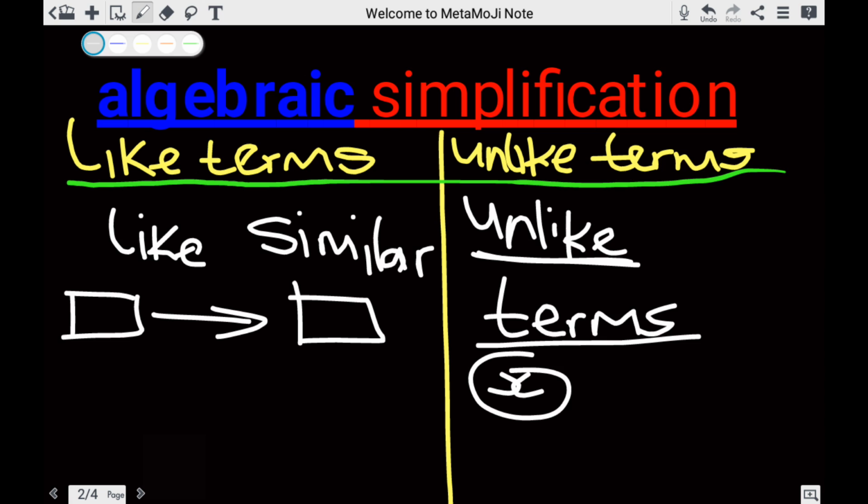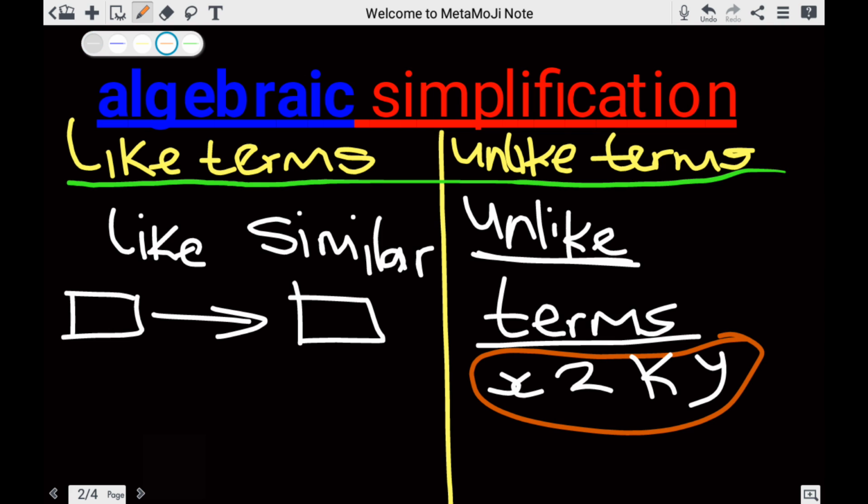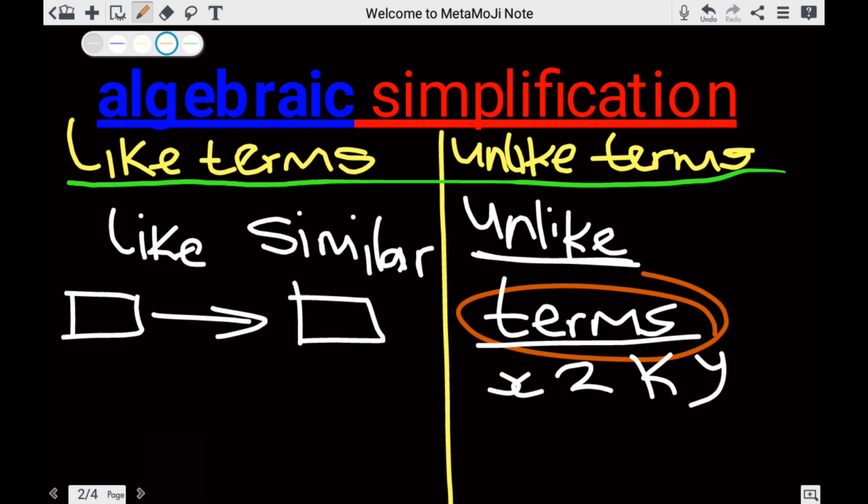So this is a term, S is a term, 2 is a term, K is a term, Y is a term. These are called terms in maths. So you need to be aware of that. That is the basic introduction to like terms, and also to unlike terms.